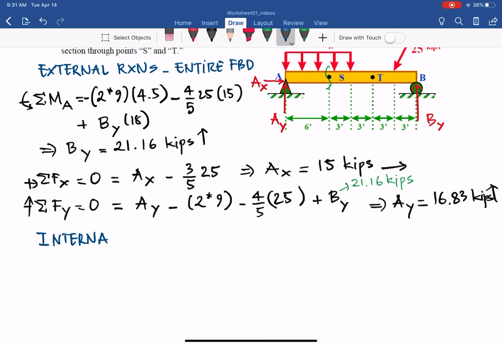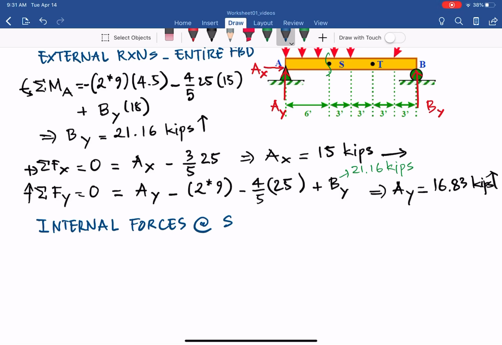Internal forces at S. So consider the left side free body diagram. It will be here, and 6 feet. So we have the dimension 6 feet, and we have A, and we have S, and when you cut at S, you will have AY, which we already found, 16.83 kips.